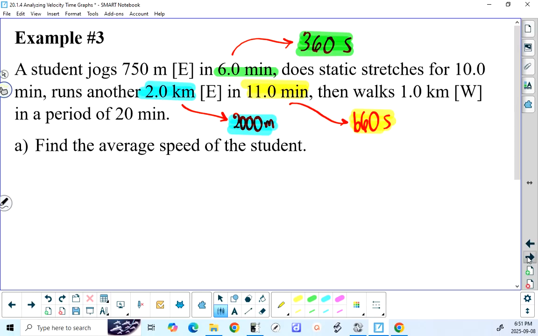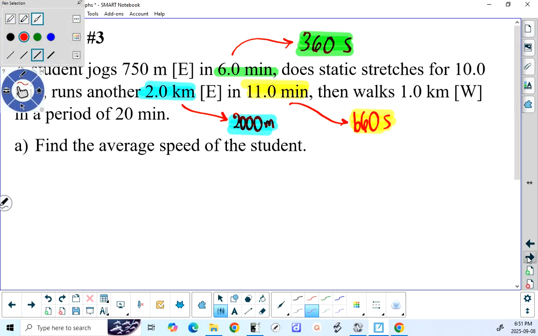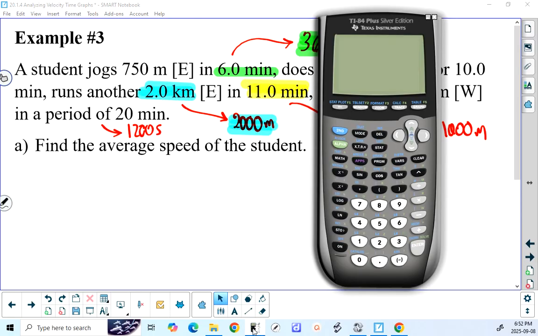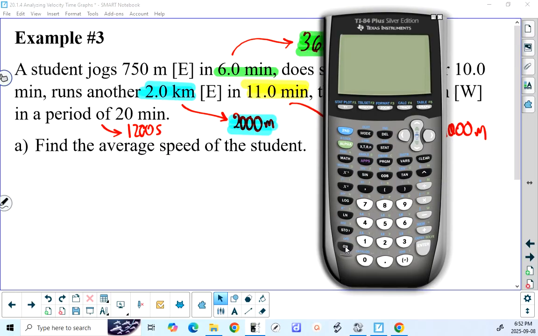So we have 1 kilometer in 20 minutes. 1 kilometer is 1,000 meters. 20 minutes times 60 is 1,200 seconds, and I am second guessing myself with that, so I'm going to grab my calculator and just double check that. 20 times 60, yeah, of course it's 1,200. For some reason I wasn't sure.